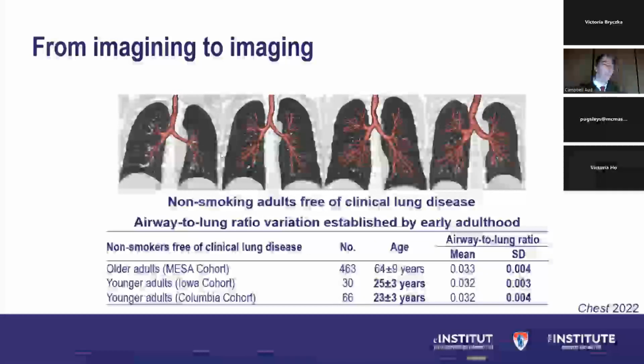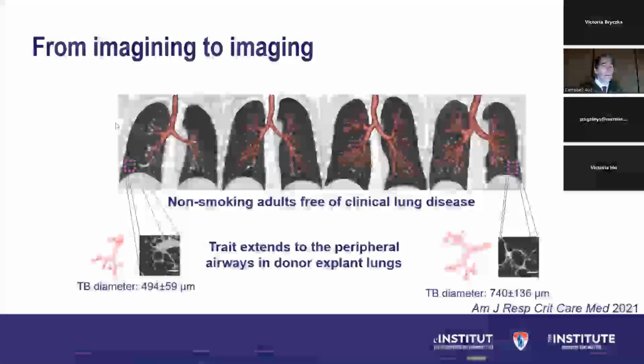These images are from people who are on average in their late 50s, early 60s. But when we looked at younger samples, so early adulthood, people in their 20s, and we look at the variation in this ratio across the sample of individuals, it's evident from your 20s onward. For those interested in obstructive pathophysiology, where we think a lot of the action is in the peripheral airways, I'm not totally convinced of that.